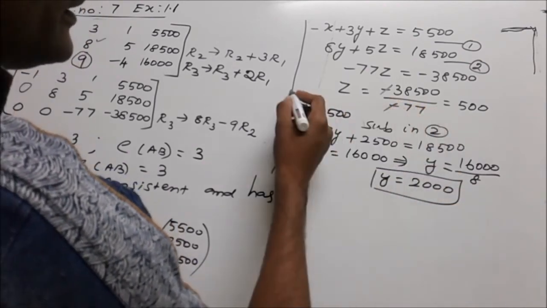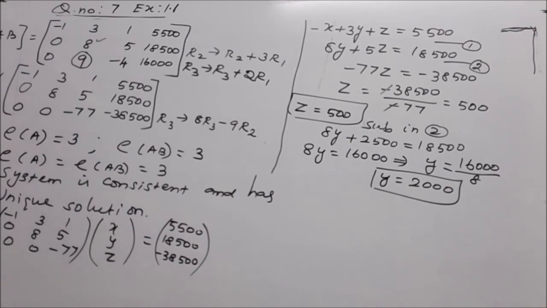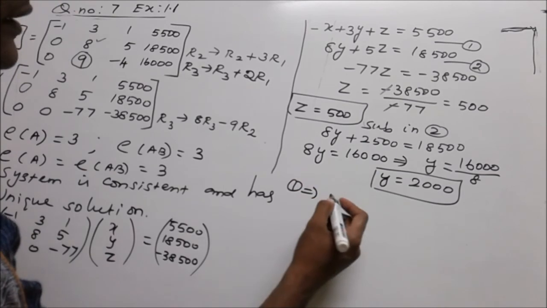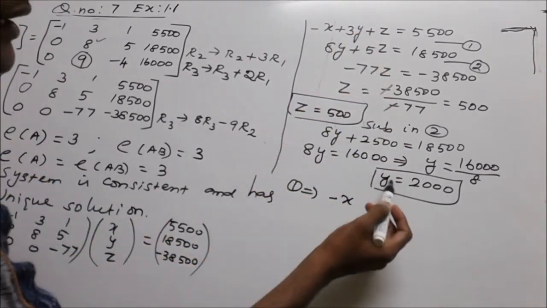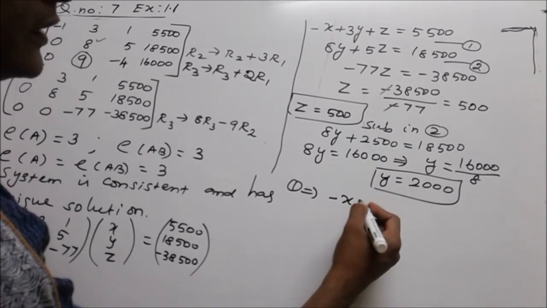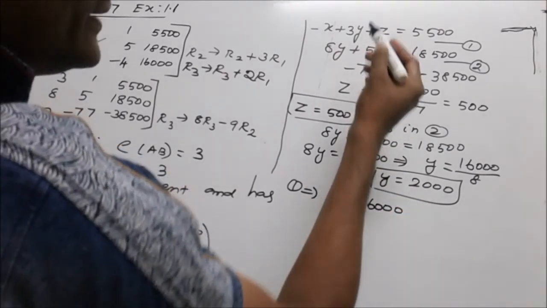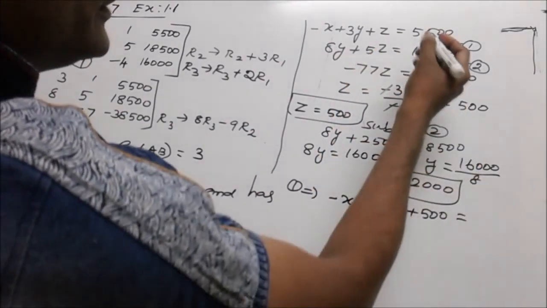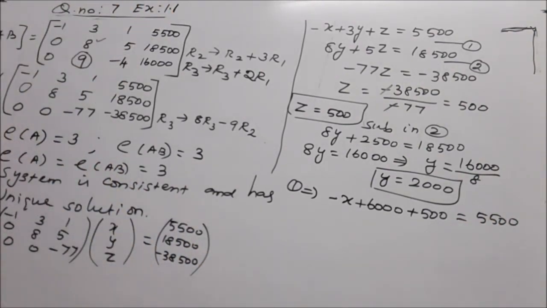And substitute z equal to 500 and y equal to 2,000 in equation 1. We have minus x plus 3 into y. 3 into y means 3 times 2,000, that is 6,000. Then plus z means plus 500 equal to 5,500. Totally we have 6,500.